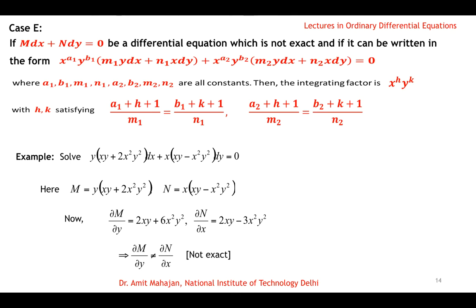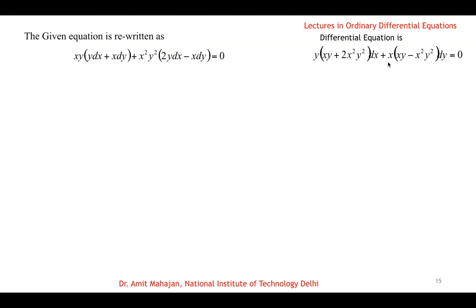Okay, but the given differential equation can be written in this form. The first term, if I take xy out, is y dx plus x dy, and then x square y square for the second part. So this equation can be rewritten as xy times (y dx plus x dy) plus x square y square times (2y dx minus x dy). First term combined, second term combined.